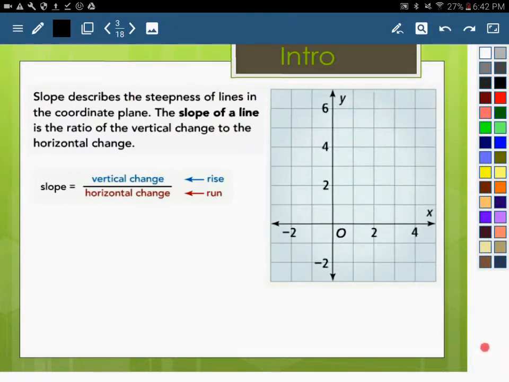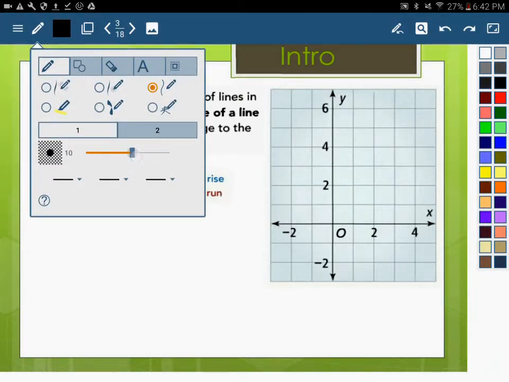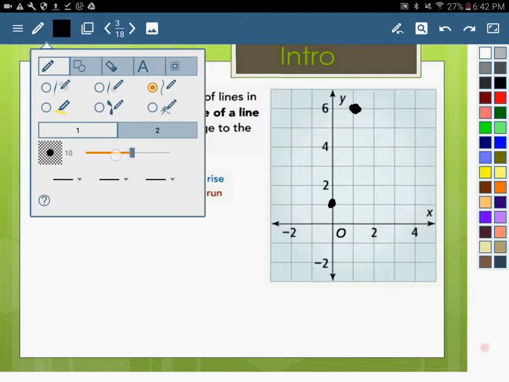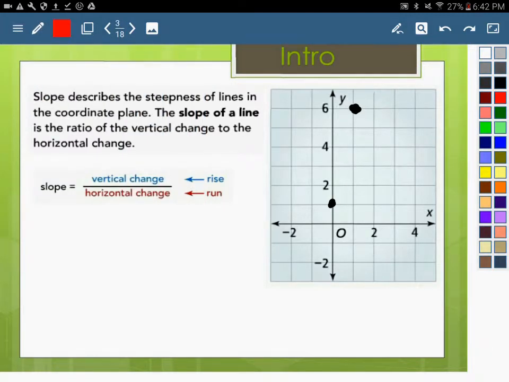So let's say now instead I plot the points (0, 1), and let's make it really, really steep, (1, 6). If I connect a line through those points, I get what looks like this. Okay, so there's my line. And now I want to calculate the vertical distance.